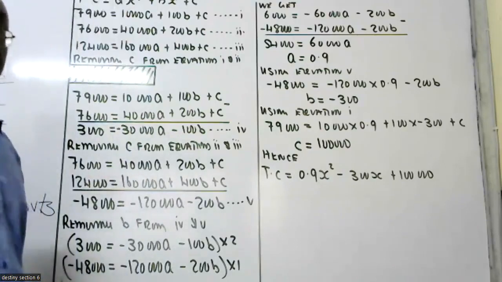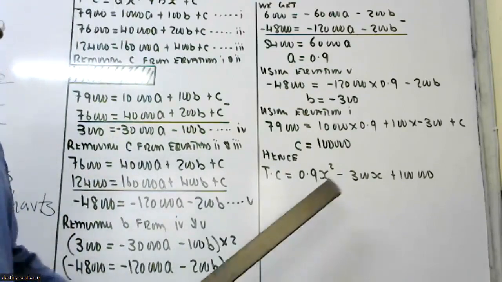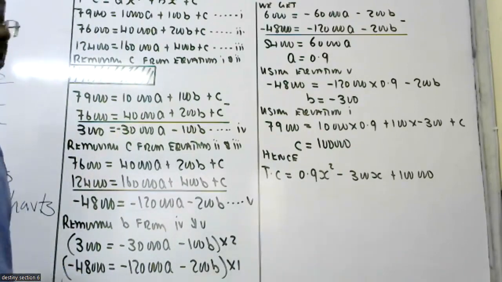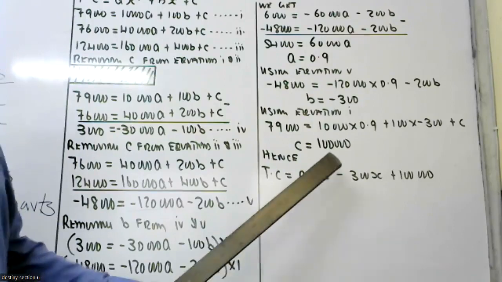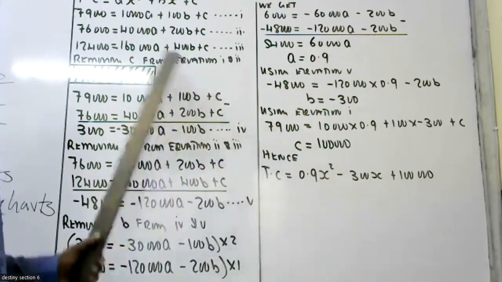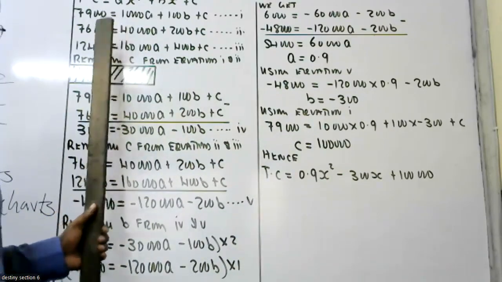This question is not reflecting the reality, because you rarely get a negative in a cost function. Number two, this 100,000 is the fixed cost. It is greater than these two costs, and it is supposed to be inside there.